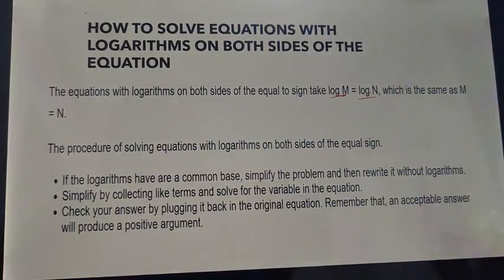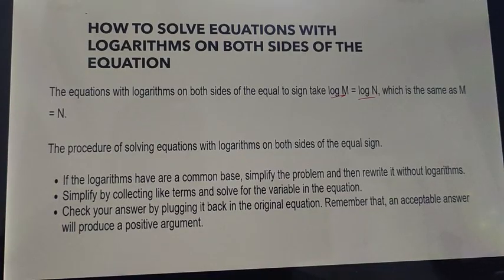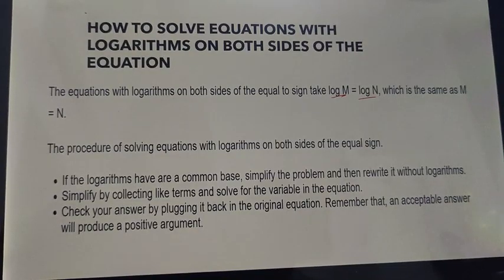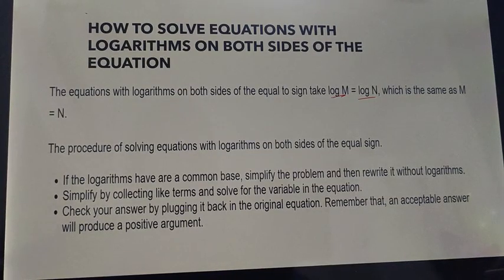The procedure of solving equations with logarithms on both sides of the equal sign, procedure number one: if the logarithms have a common base, simplify the problem and then rewrite it without logarithms.